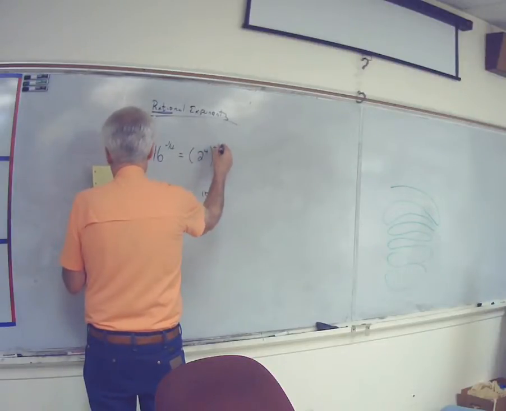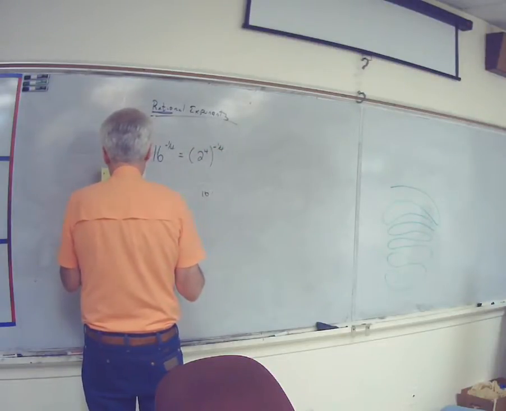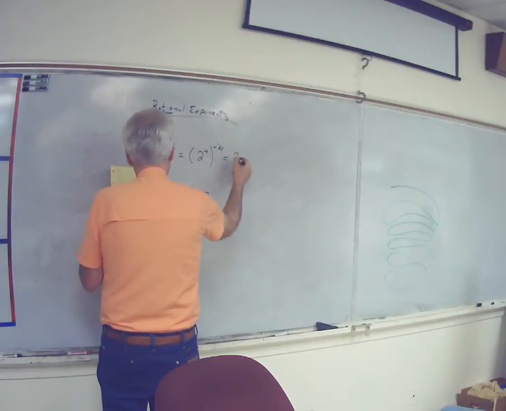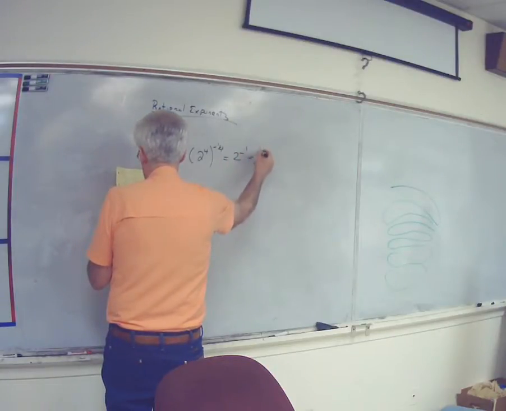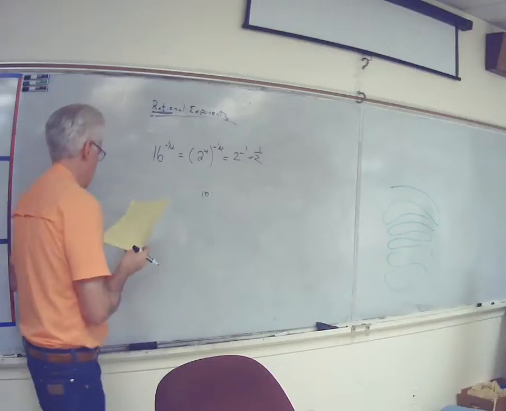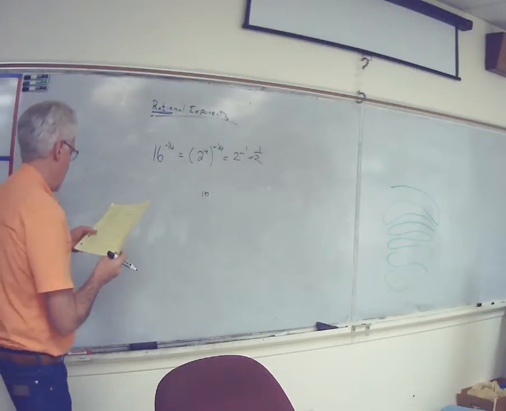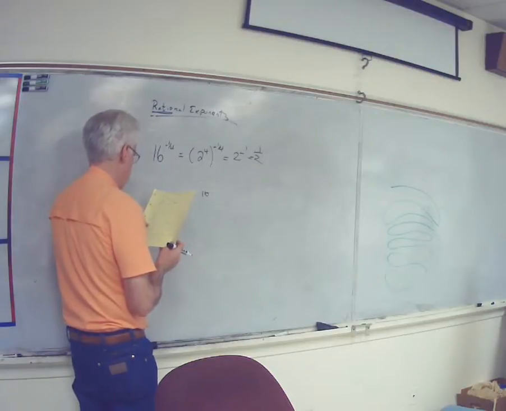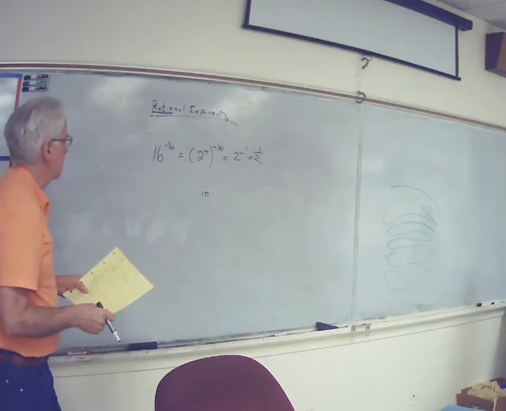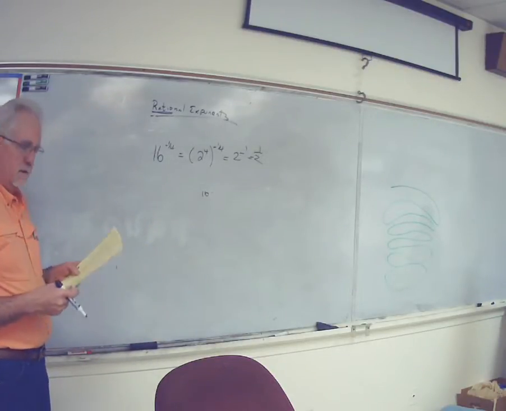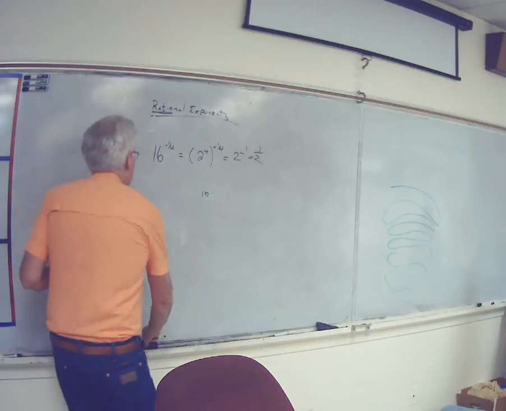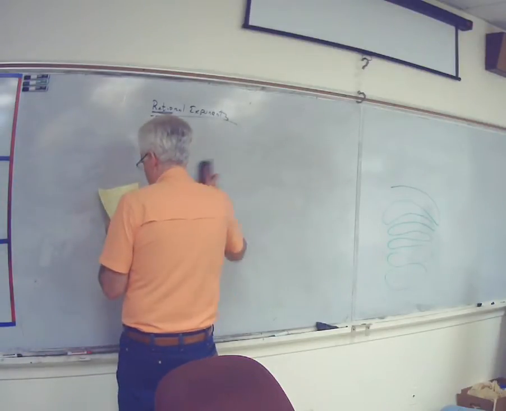Raised to the minus 1/4, okay? And that is equal to 2 to the minus 1, which is equal to 1/2. Does that make sense? Did I do that right? Yeah. Does that make sense? Okay. Another way to do it. Okay, let's try this one.